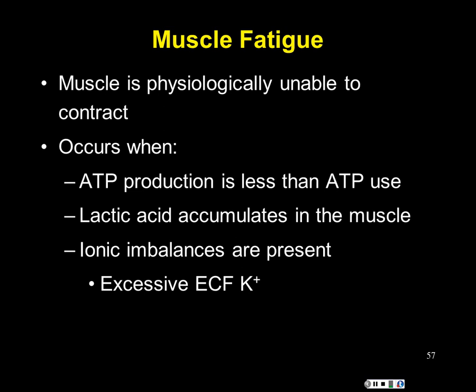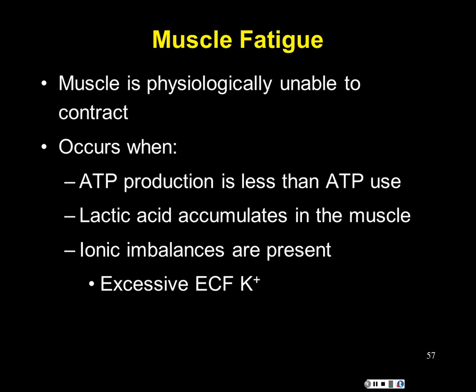Not addressed at this point, but it should make sense that if our ions are not in balance, whether it be calcium, sodium, or potassium, the cell wouldn't be able to generate action potentials or control contraction directly.